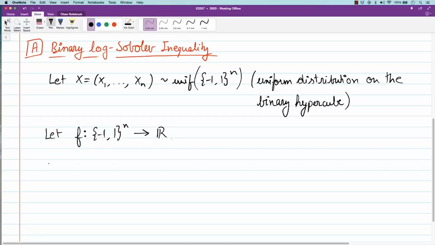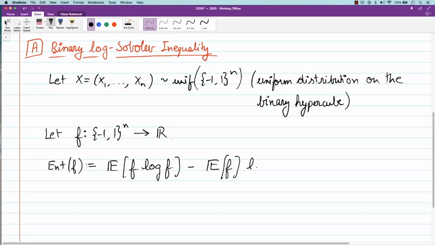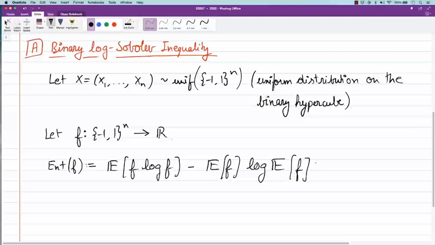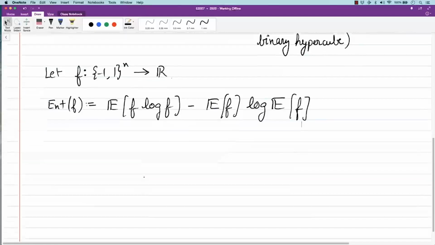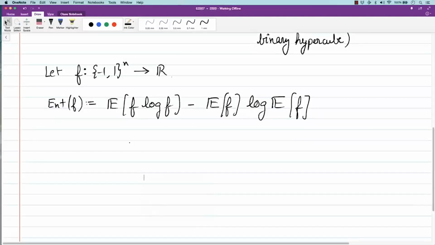Recall that the entropy of any function is defined as expected value of f log f minus expected value of f log expected value of f. So the binary log-Sobolev inequality that we plan to show looks like this.